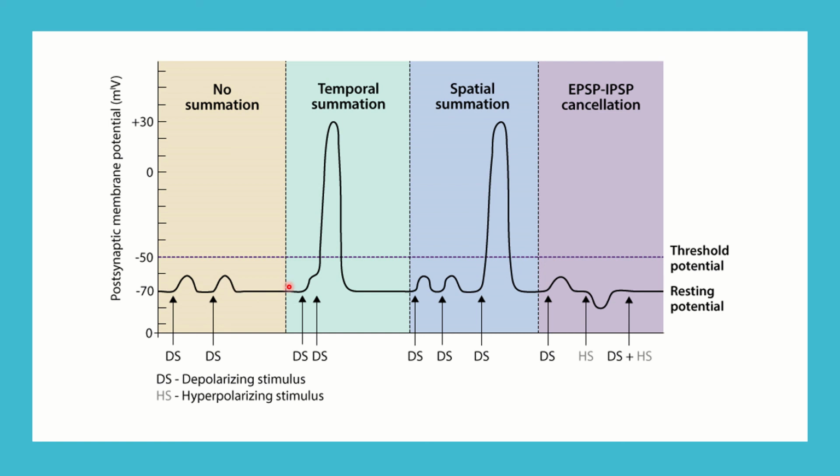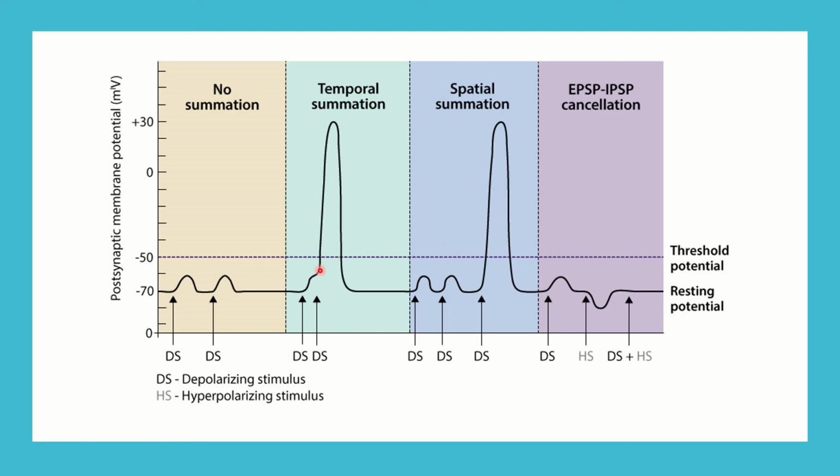But here we can see that when we have multiple stimuli, increasing the strength of the stimulus, we're going to get our membrane voltage from -70 at resting membrane potential to -50-ish. And so this line here, this number, which is actually -55, it should be, is what we call the threshold potential.